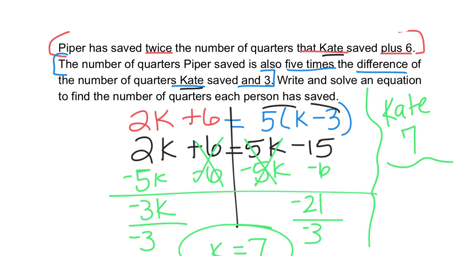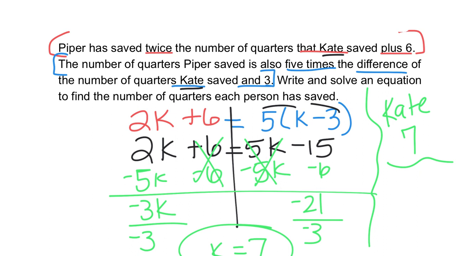So to figure out what Piper has, I've got to take this idea that Kate's got 7 and think about it in terms of what the sentences say. So I can either put it in right here for Kate having 7, or put it in here, and then evaluate one of those two expressions. So I'm going to just go here with it. 2 times 7 would be 14, plus 6 gives 20.